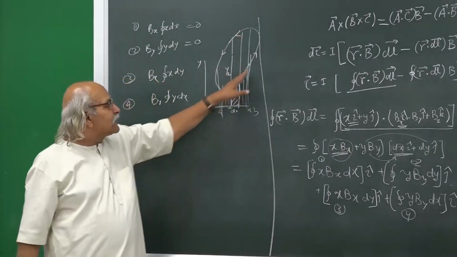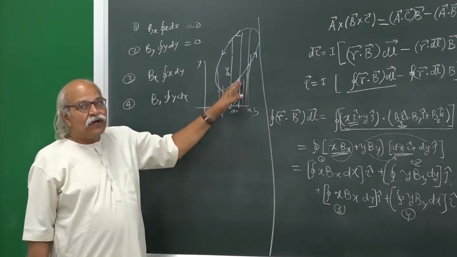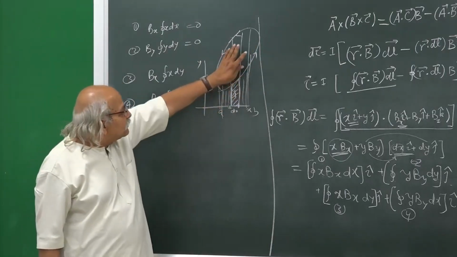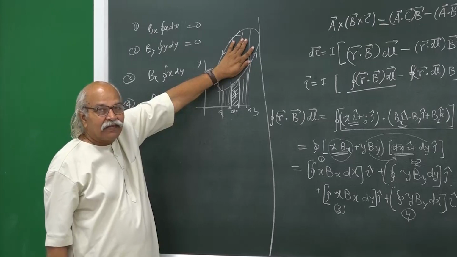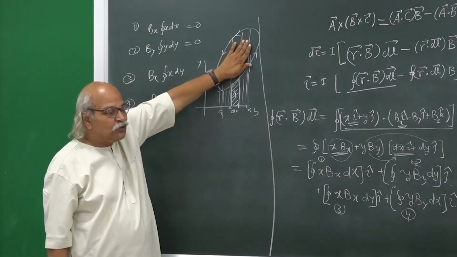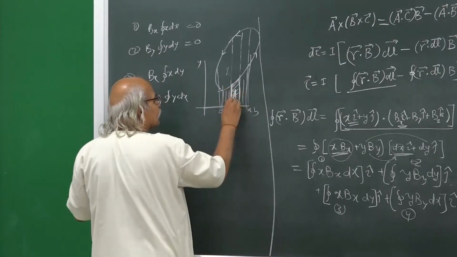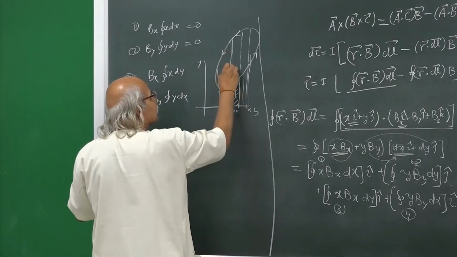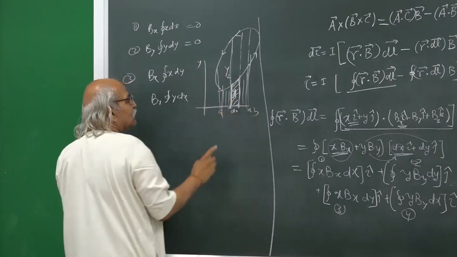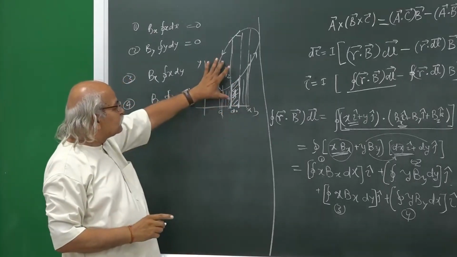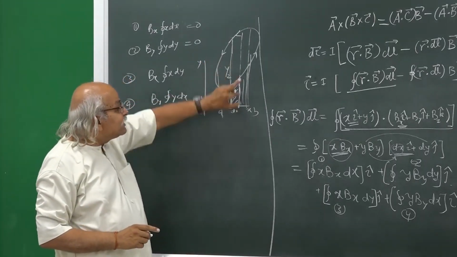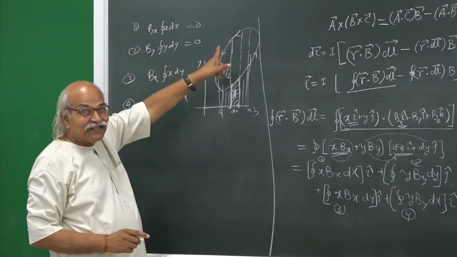So when you do this entire integration, you get the area of this loop. Why? Because here it was y1 times dx and here it is y2 times dx, and y2 is greater, y1 is smaller, and dx has opposite sign.